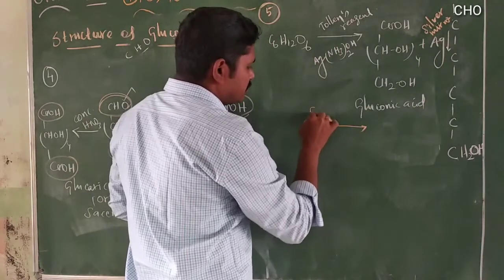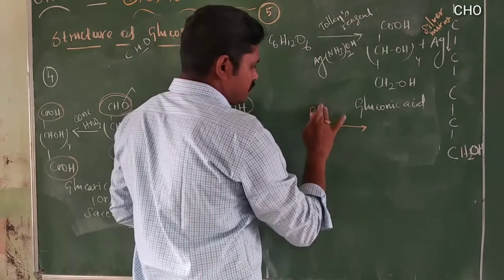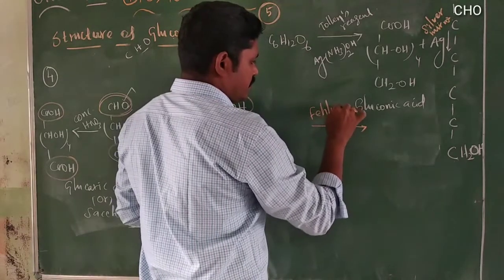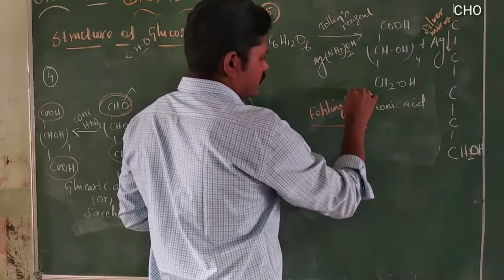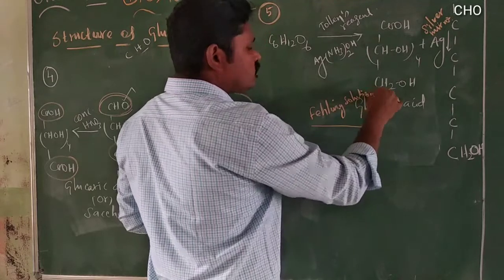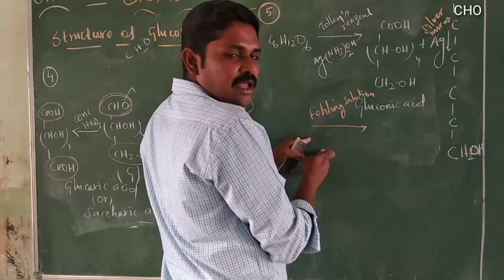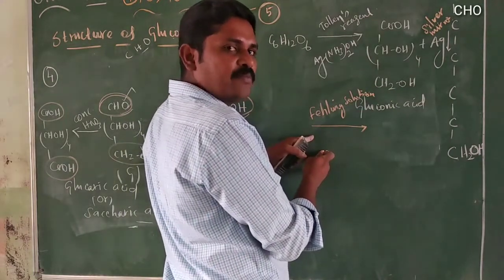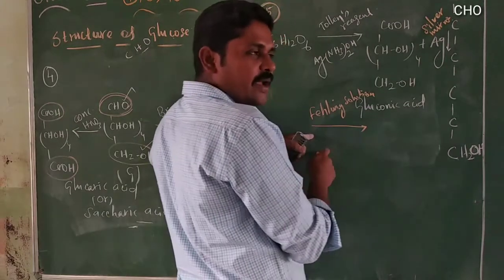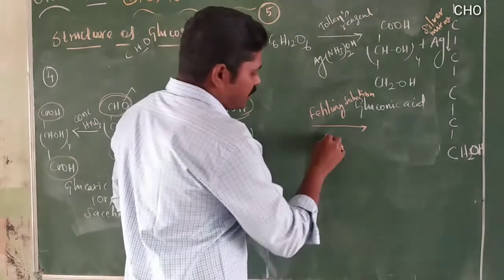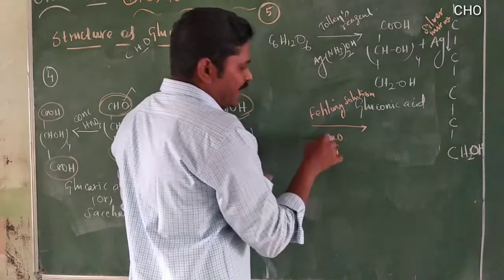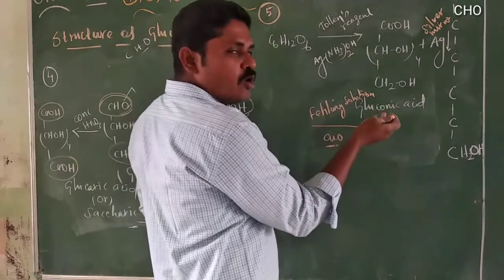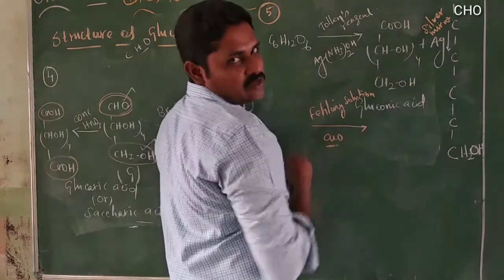Next, Fehling's solution: copper sulfate and sodium potassium tartrate. The blue cupric ion is reduced to red cuprous oxide.